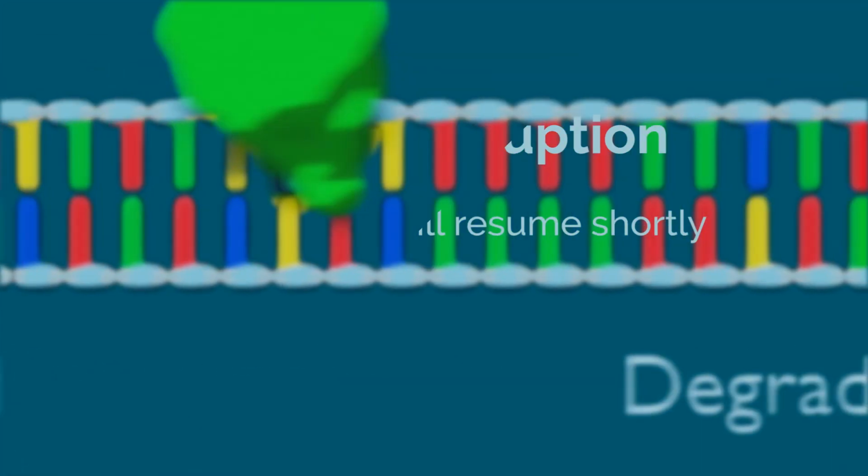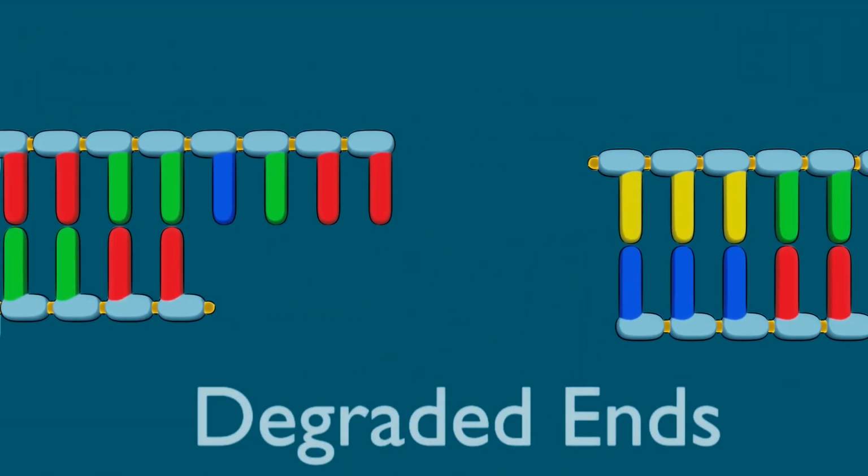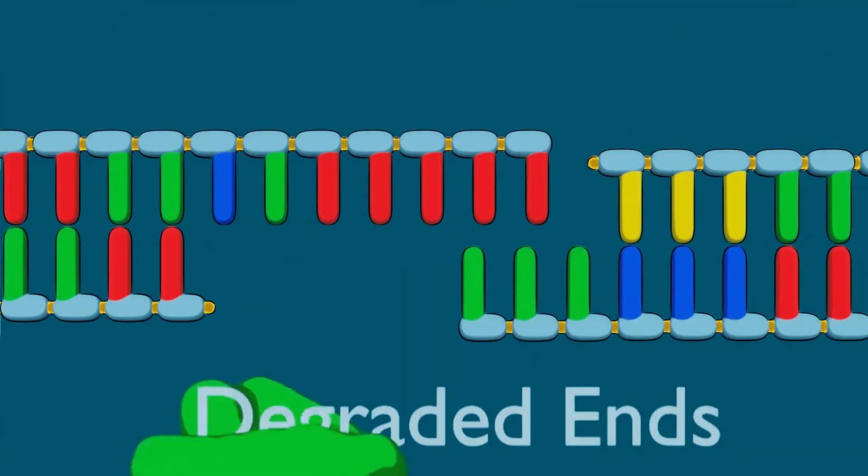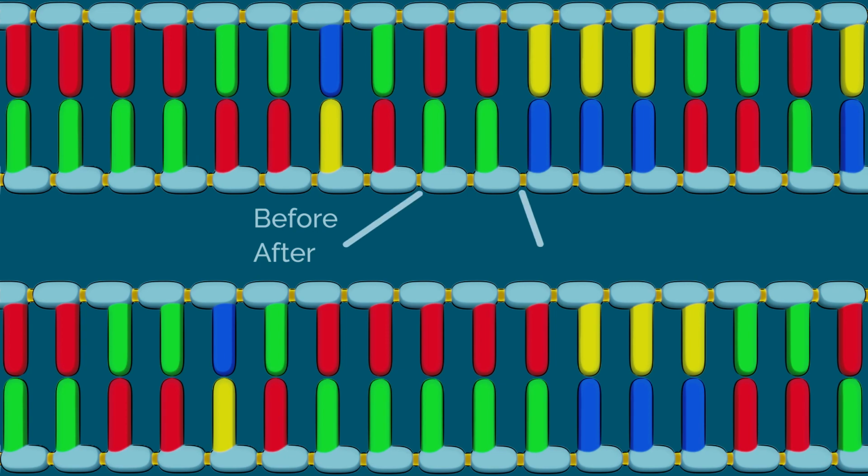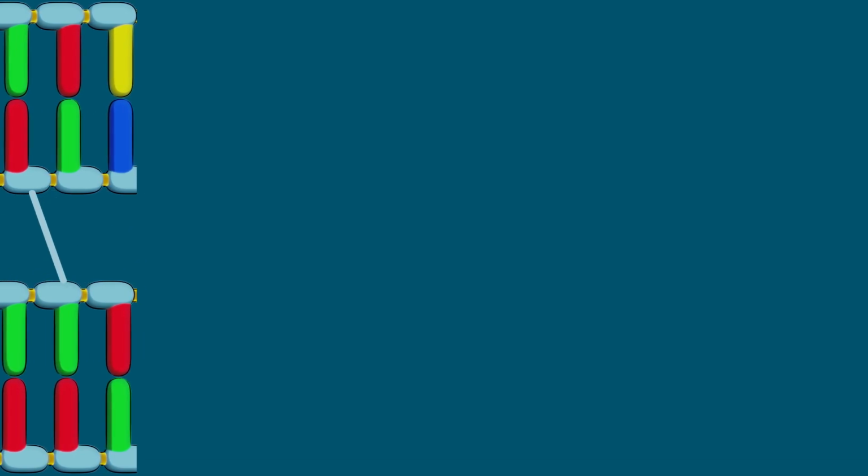In cases where the 2 ends are completely incompatible with one another due to significant decay, polymerase mu will actually put nucleotides on the strand in order to make them stick it back together again. This, of course, creates insertions, but apparently it's better than having your DNA split.